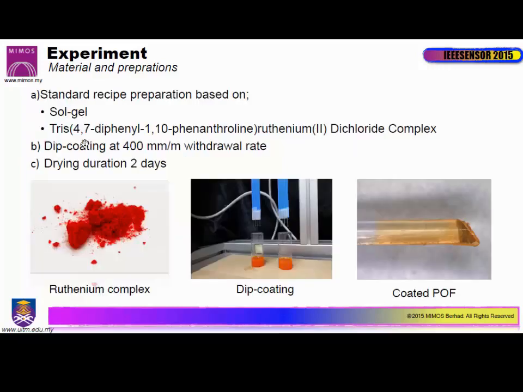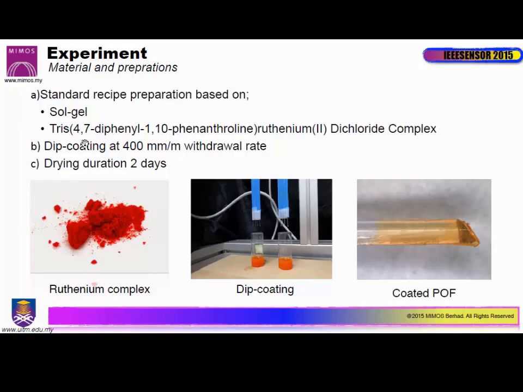At the end of the fiber, we coat the fiber with a material that is sensitive to oxygen. In this case, we are using ruthenium complex dye, prepared in the standard way with a sol gel, and we coat it at a withdrawal rate of 400 millimeter per minute.